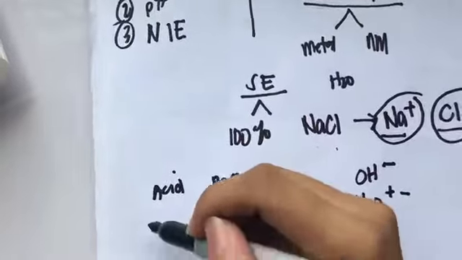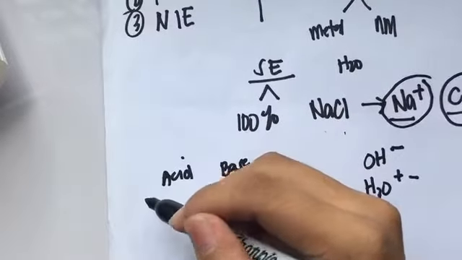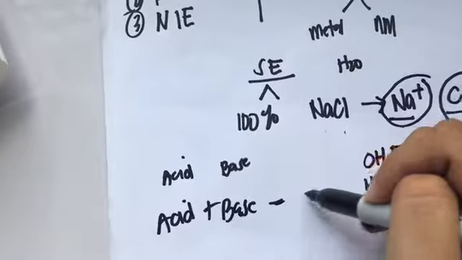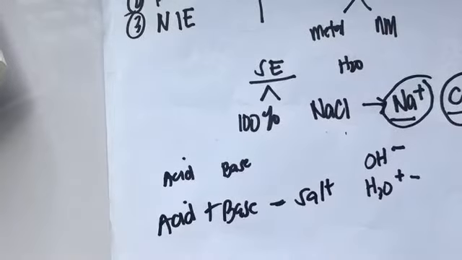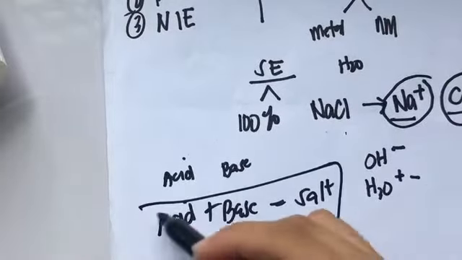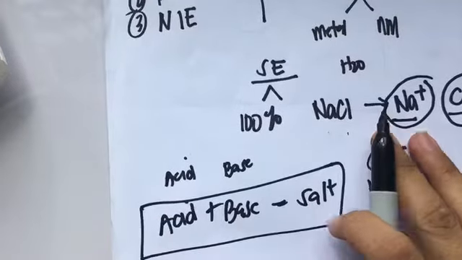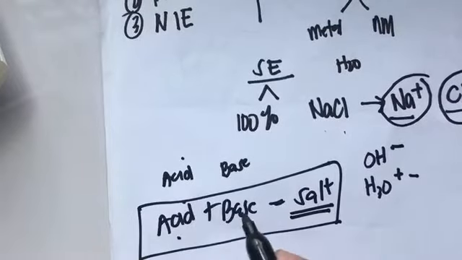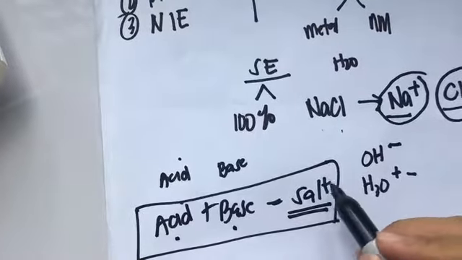Because in a neutralization reaction, acid plus base is equal to salt. And then the acidity, alkalinity, and neutrality of the salt depends on the strength of the acid and the base from which the salt is derived.